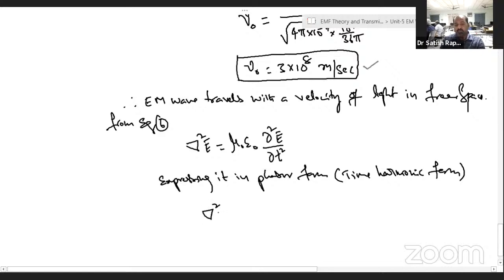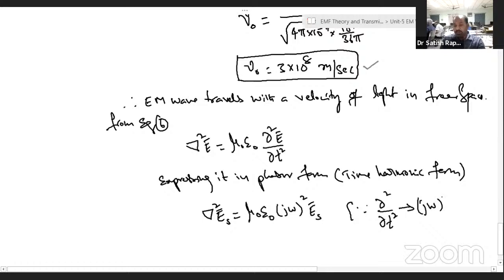Time harmonic form: del square E S, where E S is the phasor form of E, equals mu naught epsilon naught j omega square E bar S, since dou square by dou t square is j omega square.